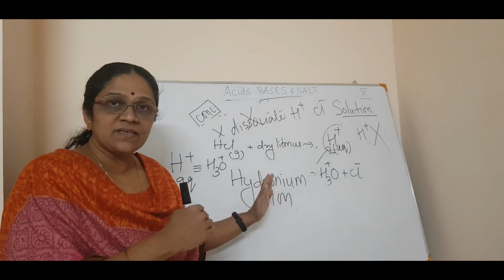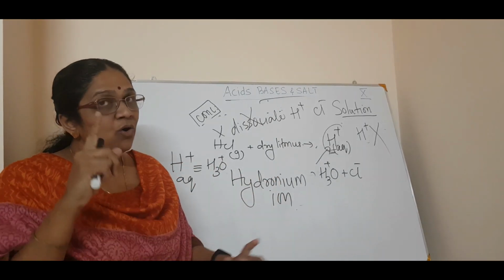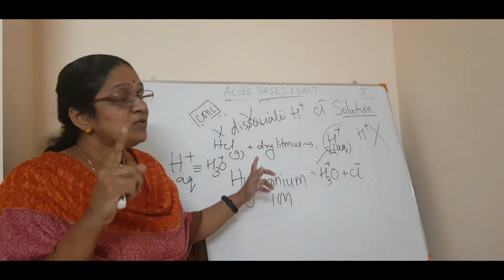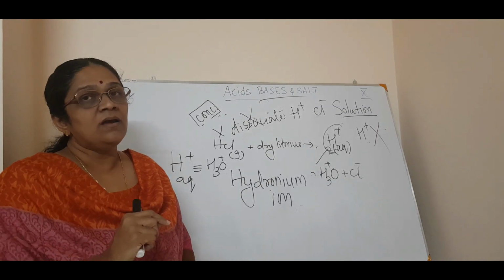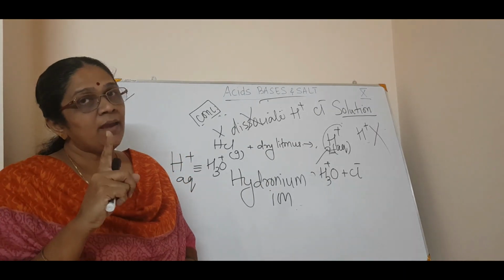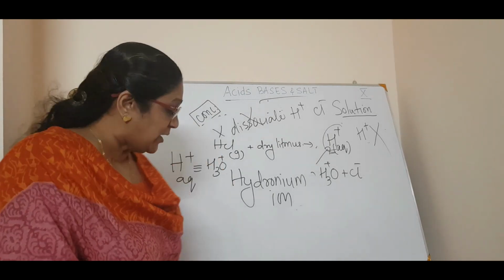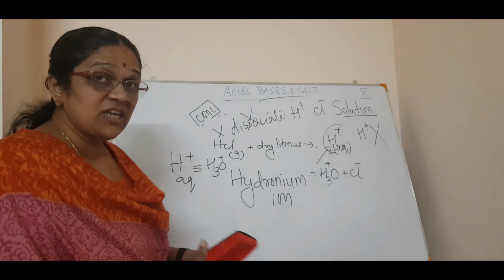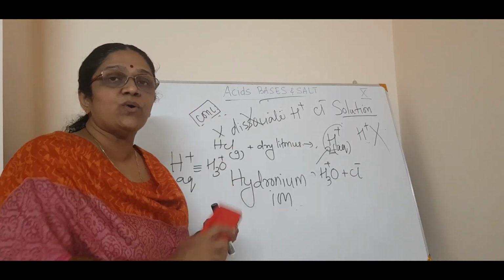Then that H plus behaves with acidic character. Now you got it. Why? If you show the moist blue litmus paper, the litmus color changes from blue to red. Why? Due to the formation of H plus ions. That is the value point. Now where is this H plus ion coming from?